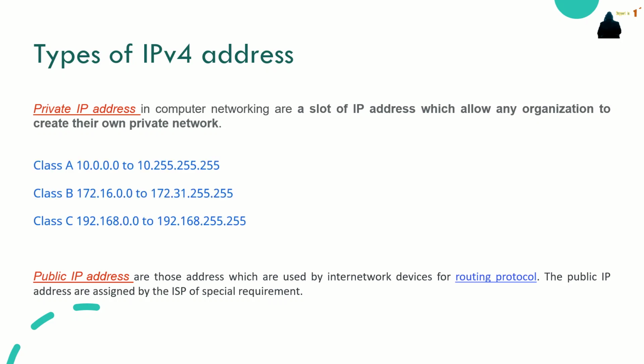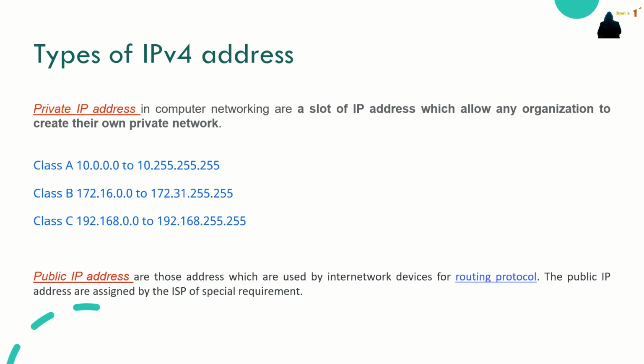Sometimes private IP addresses are also called LAN addresses. Private IPs are uniquely defined in a LAN network. It means inside a LAN network, you can assign the same IP address to different hosts. Also, you can assign the same IP address in two different LAN networks.